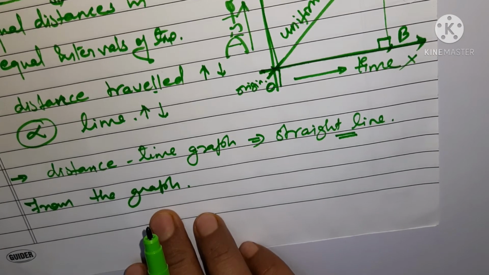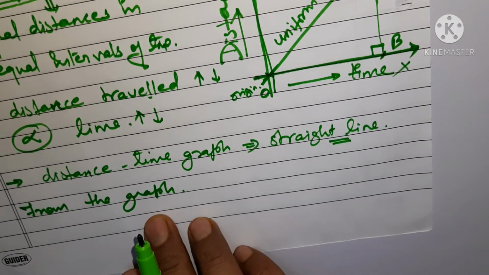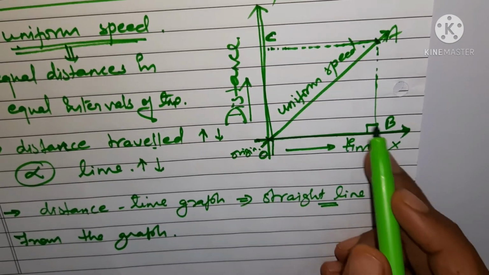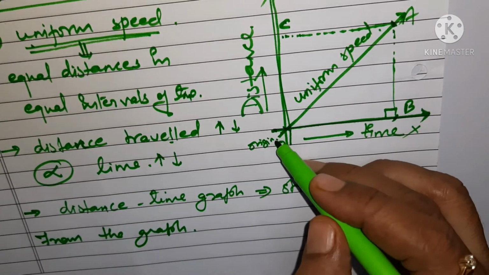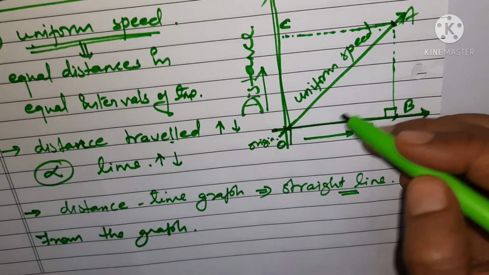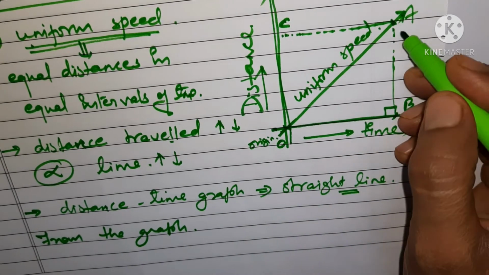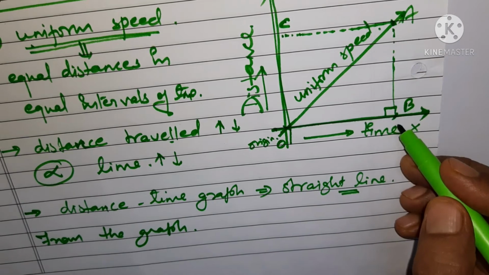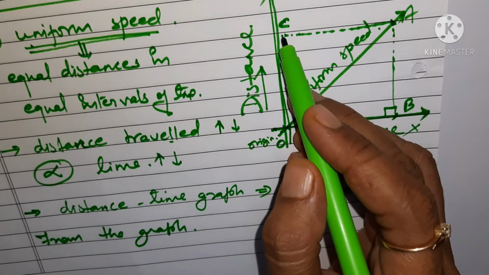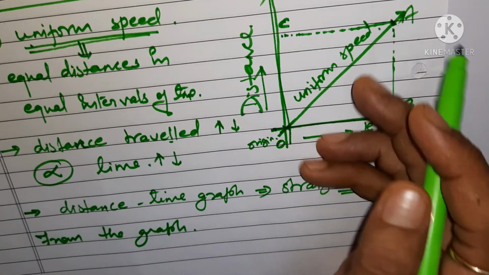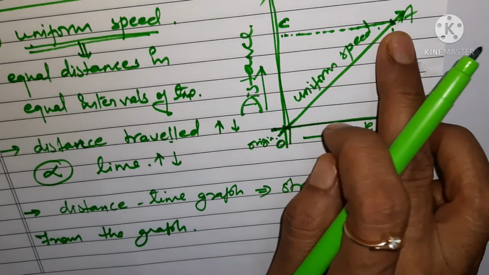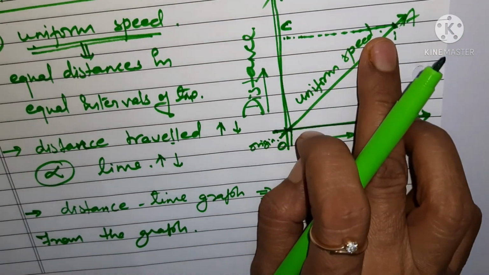To find the speed of any body which is moving from the origin with uniform speed, we have just dropped one perpendicular from here to here, and we have joined this in parallel to this line. We have joined C to A.